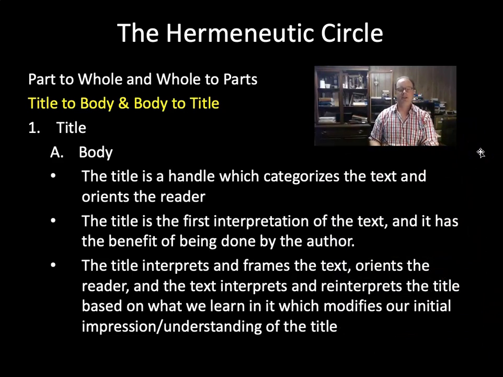It establishes that part-to-whole relationship. So there's a title that becomes a handle, a kind of cognitive grasp handle for the whole text. The title informs the body, and the body informs the title, right?